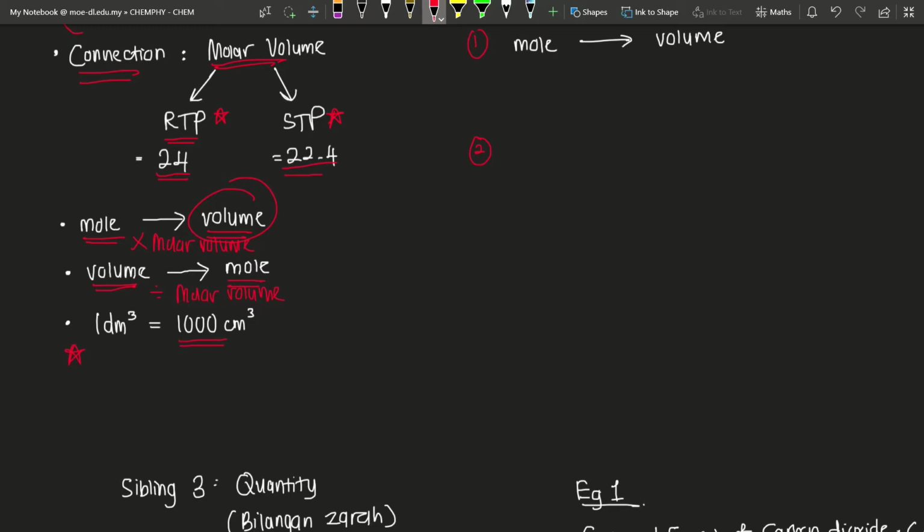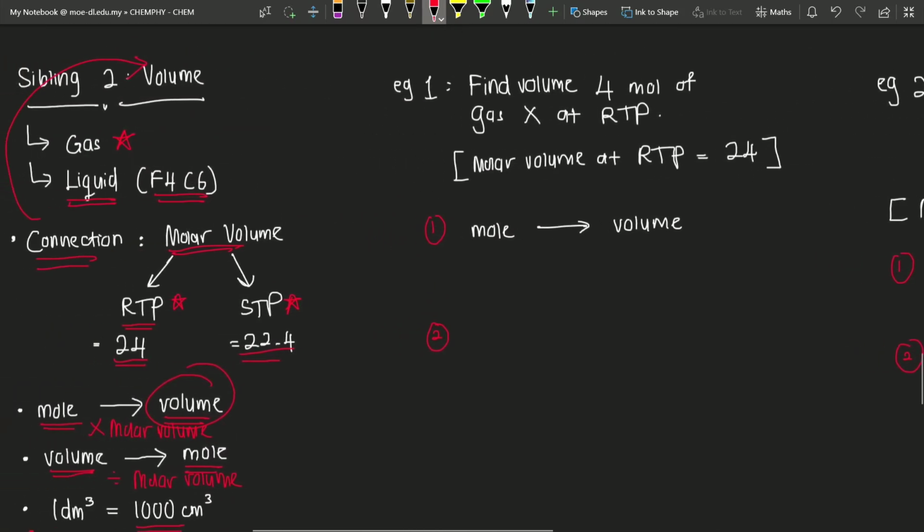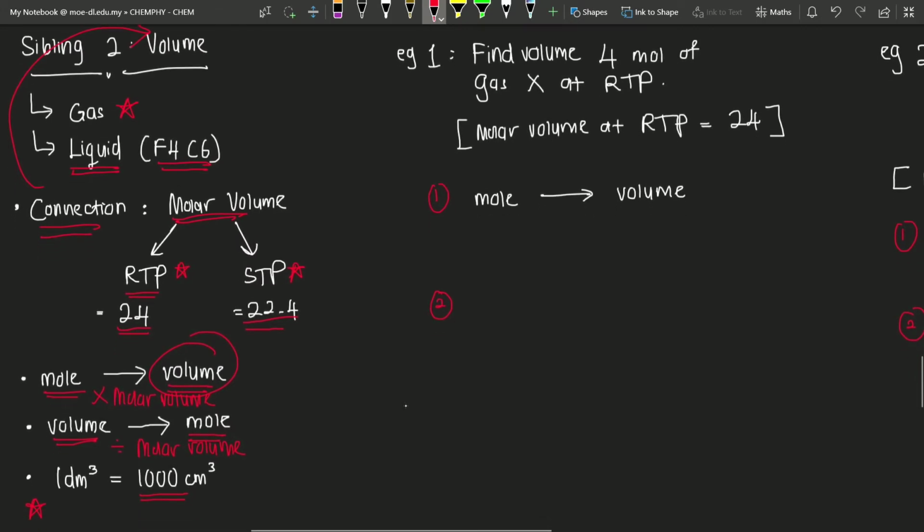You need to be careful about that when you see the question. So, let us take a look at the first question. Find the volume of 4 mole of gas X at RTP. The question asks for volume, and it wants RTP. The question will give the molar volume, you don't need to memorize the connection. You have mole, which is 4 mole, and you want to convert it to a sibling, which is volume.